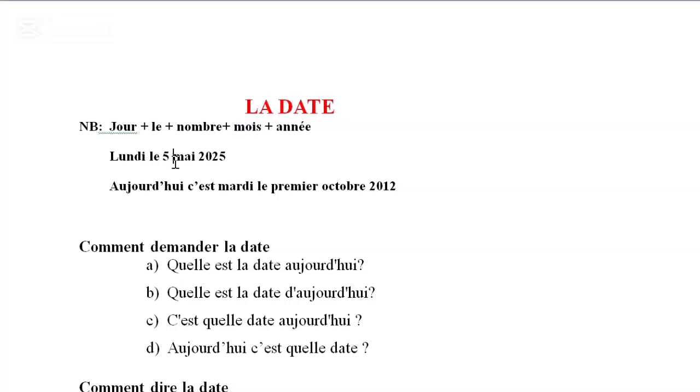Mois is May. It can be any month of the year: Décembre, Octobre, Avril, Janvier, and then the year. Année is year, and our year is 2025.